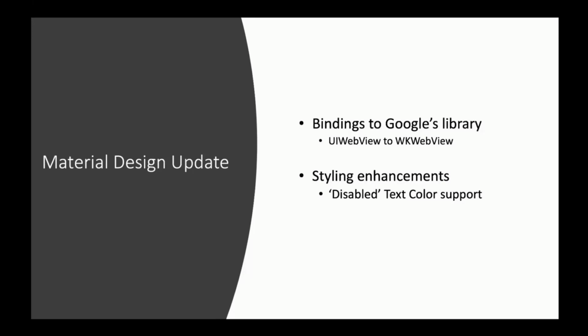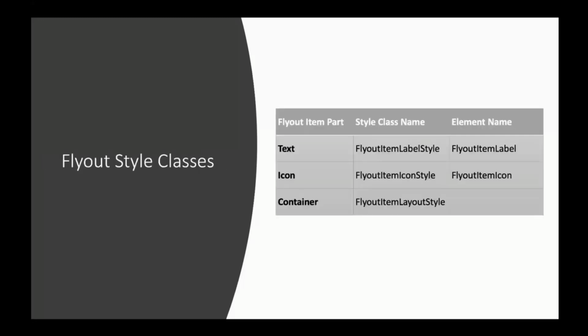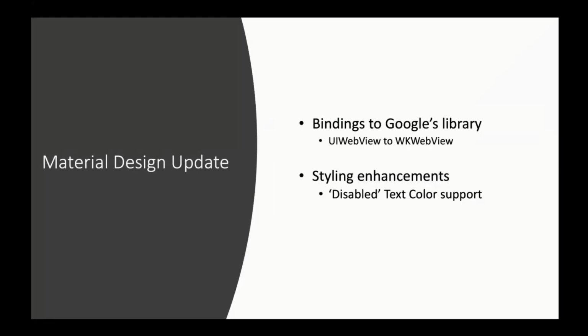In most Android applications, you will see they have upgraded to material design. But if you want the same design in your iOS application as well, there was a separate NuGet package with the Visual API. So you can use this material design in your iOS application as well. That was part of 3.6.